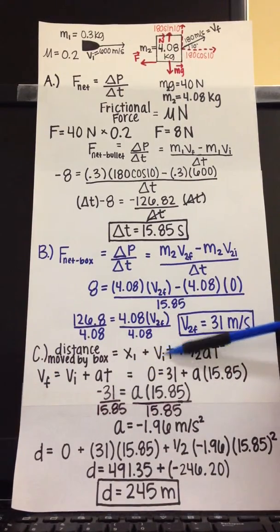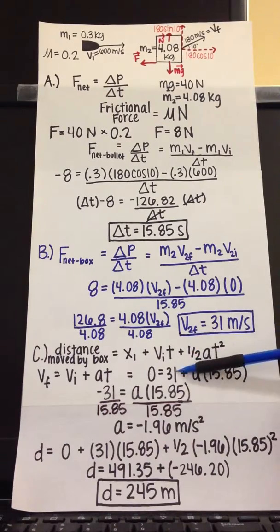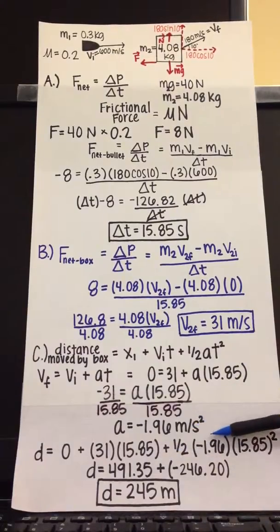So I plugged in all my values: initial velocity 31 and time 15.85, and I solved for A and got that A equals -1.96 meters per second squared. And now that I have A, I can finally solve for the distance moved by the box.